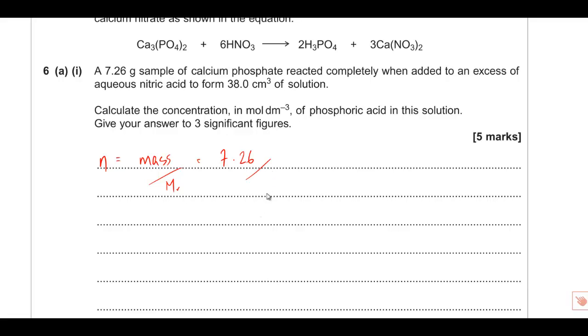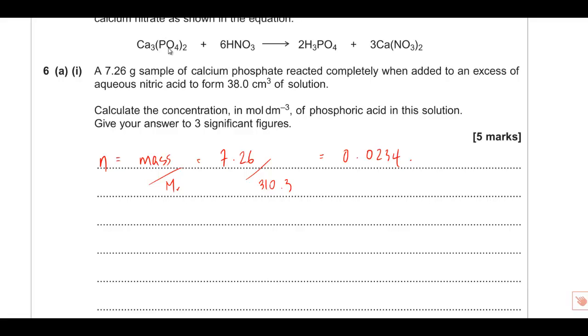My MR here is going to be 310.3. I'm going to get a value there of 0.0234. And that's my value of moles of that.